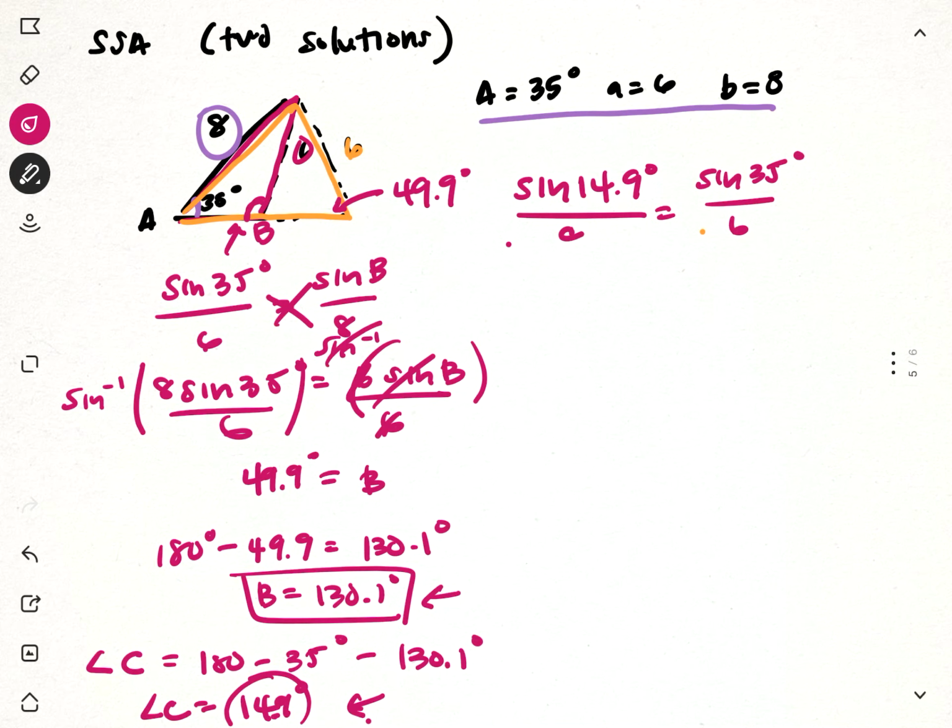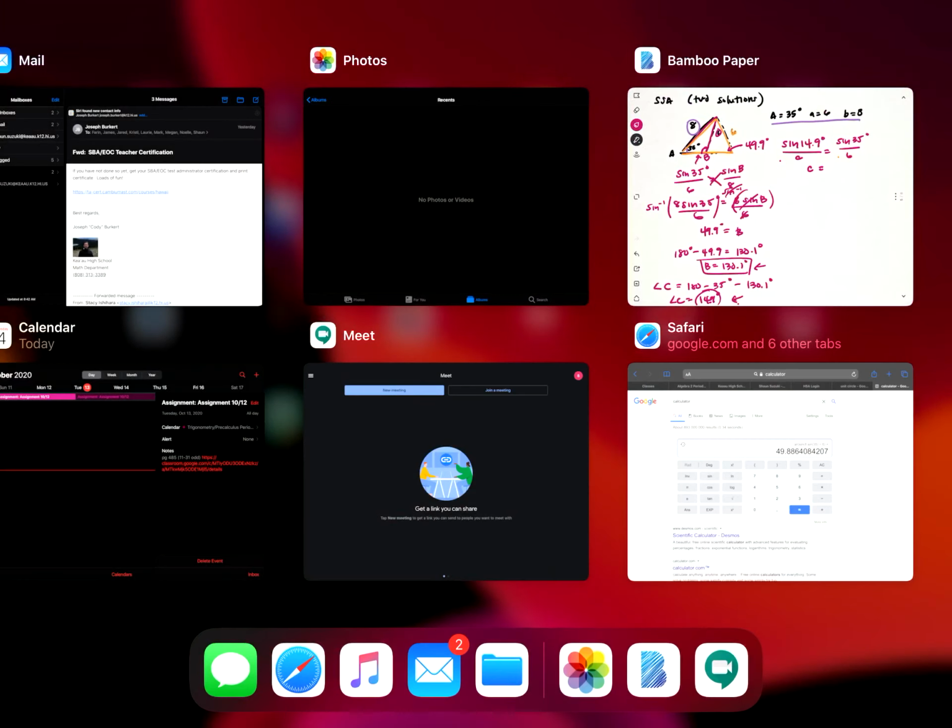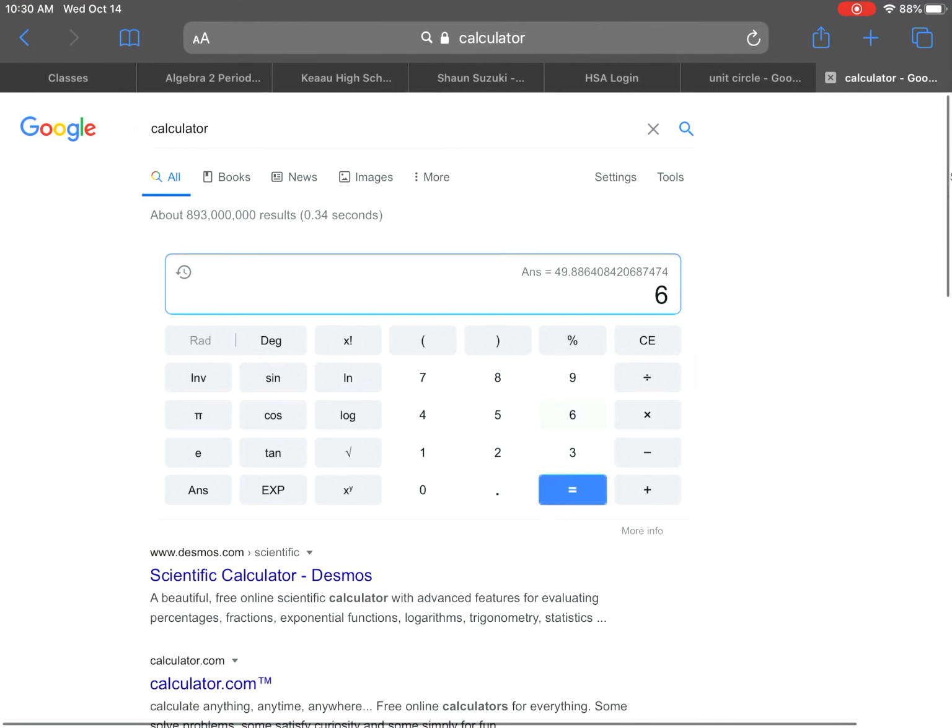You guys go ahead and solve that. We know that we're going to have 6 sine 14.9 over sine 35. I'm not going to show the work. You guys can refer back to the other ones. But C is going to be equal to 6 times sine 14.9 divided by sine 35, which equals 2.7.